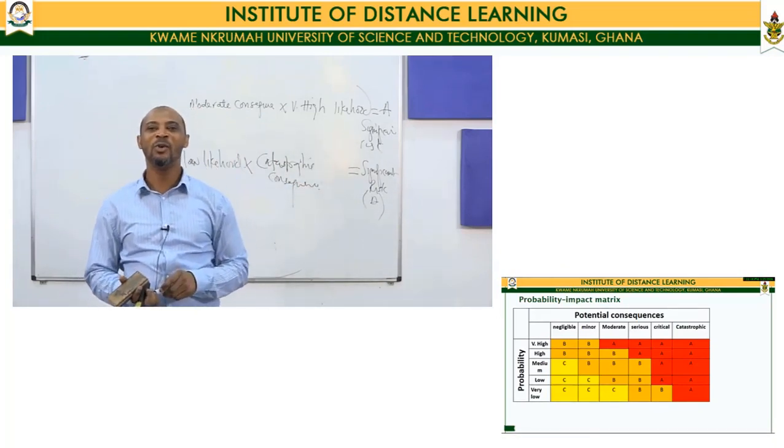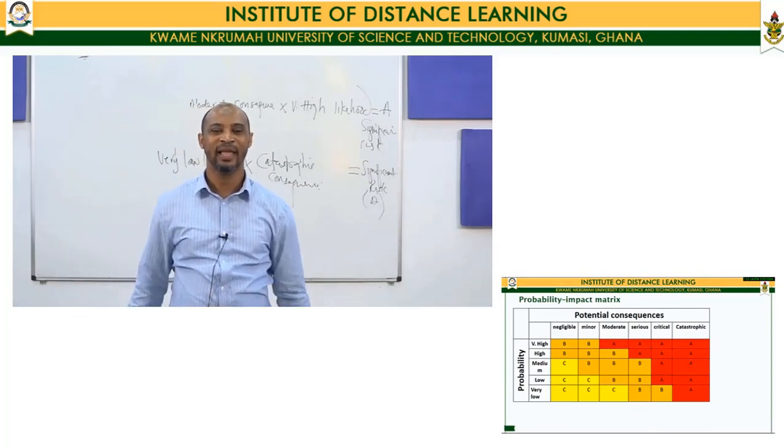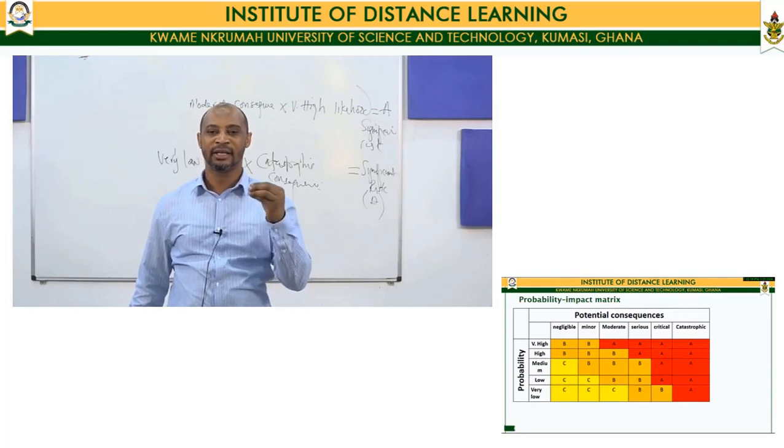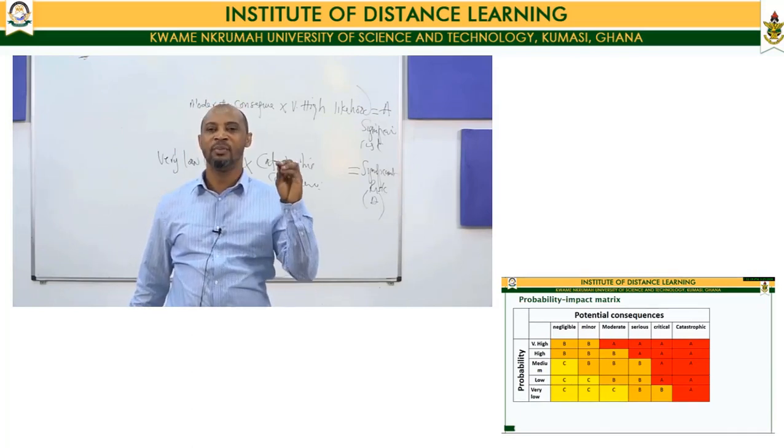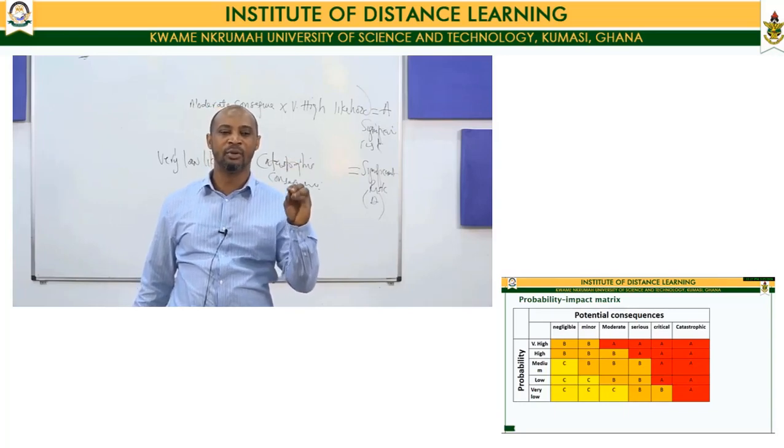So when you look at this table, you appreciate that moderate, serious, critical, and catastrophic consequences go with very high, medium, low, and very low probabilities.